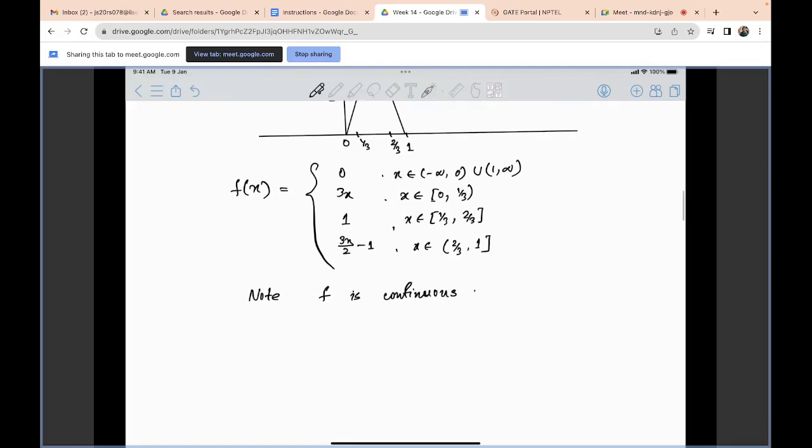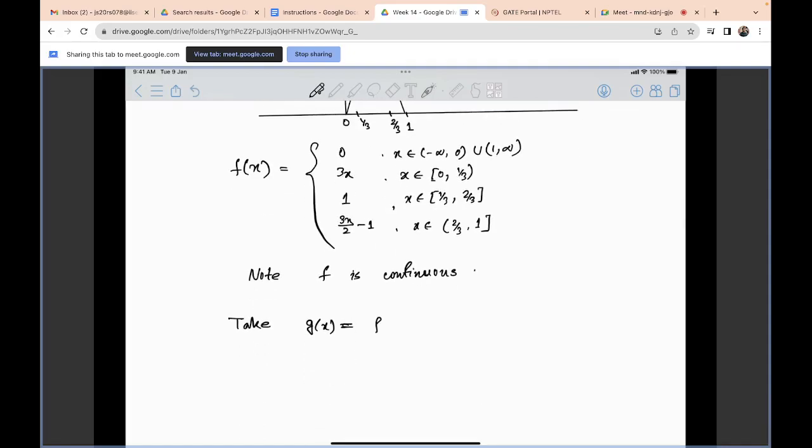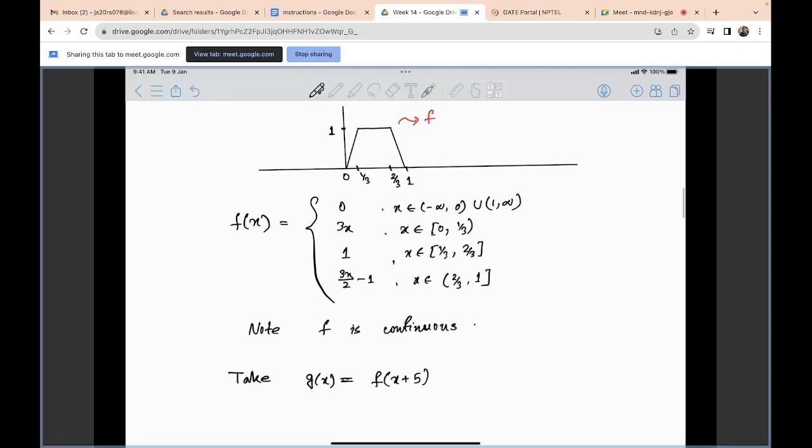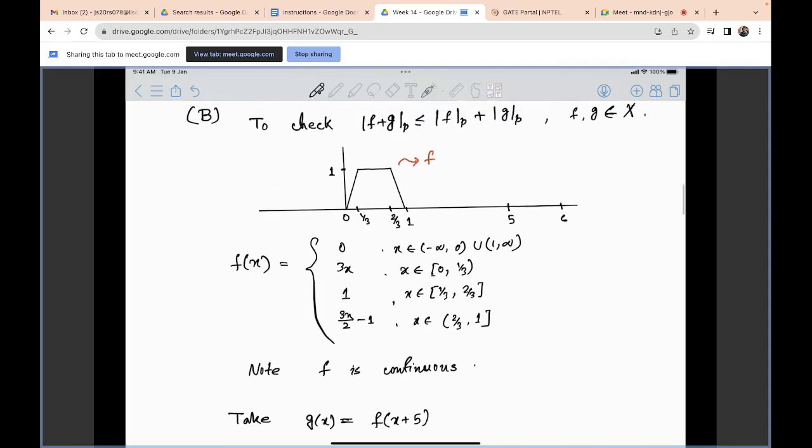And how will we take g? g will be basically a similar function, but shifted by some number so that their supports are disjoint. Suppose we shift it to the right by 5, x minus 5. It is supported on 0 to 1, so g will be supported on 5 to 6. Let's say this is 5 and this is 6. It will take the value 1 here.